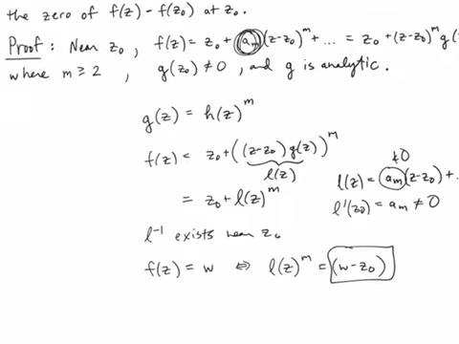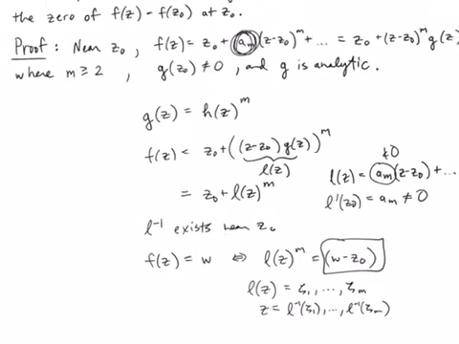So L of z equals zeta 1 through zeta m, where those zetas are the mth roots of w minus z naught. And then, because L inverse exists, we can solve: z is L inverse of zeta 1 through L inverse of zeta m.